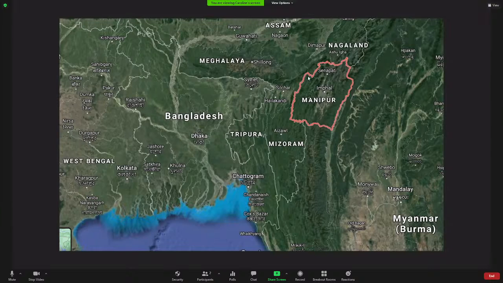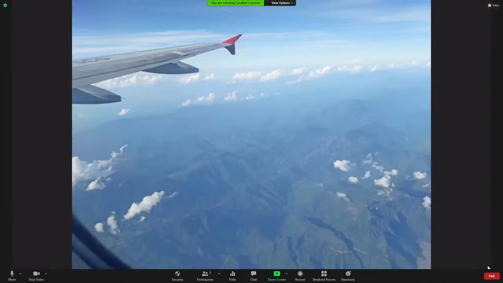There's a central valley surrounded by low mountains, which are presumably shaped by the tectonic plate movement, because they're all in these lines, and it's fascinating scenery. The foothills of the Himalayas, really.